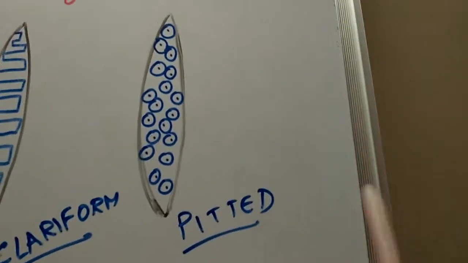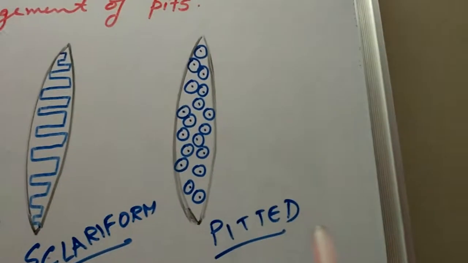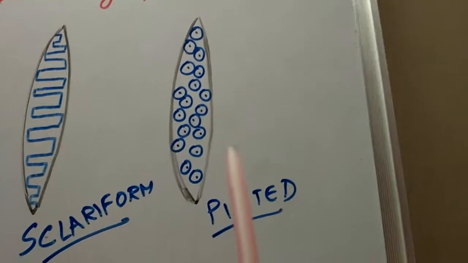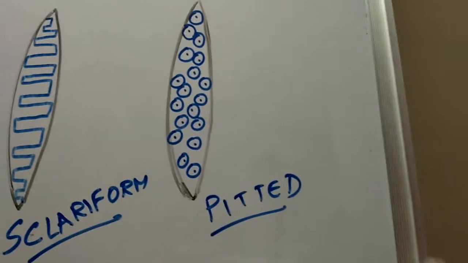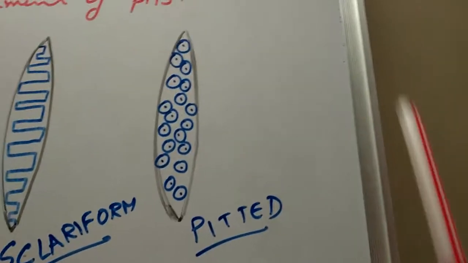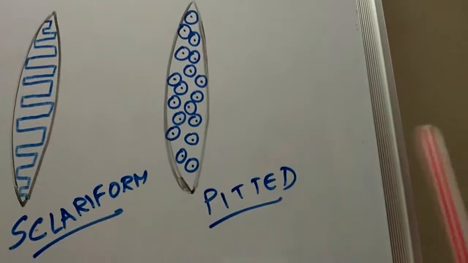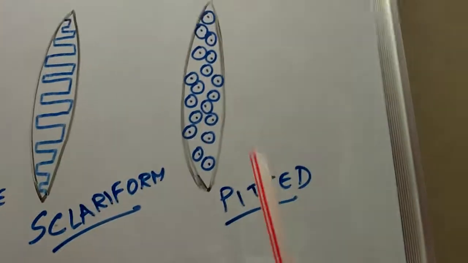And this is the final one, the pitted type of tracheids, in which an irregular arrangement of pits is present. You can see I have drawn the irregular arrangement here without any formal direction or position of these pits. They are scattered all over the space.